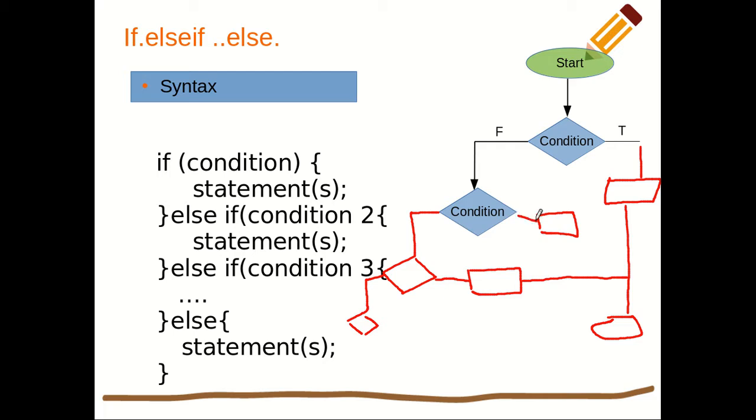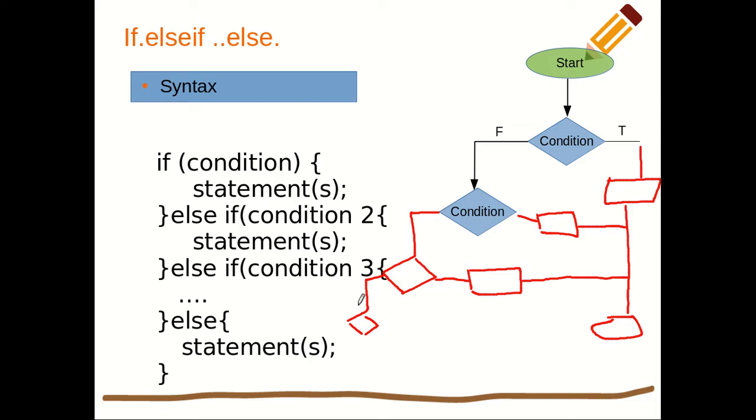If they do not evaluate to true, we move on to the next condition until all the conditions have been tested. Otherwise, we need to move on to the coding part so that we can look at this if else statement from a program perspective.